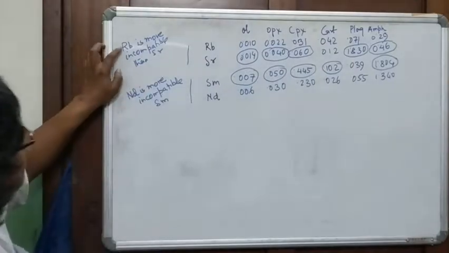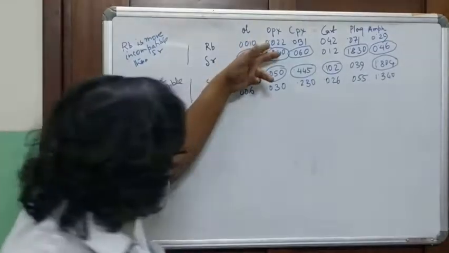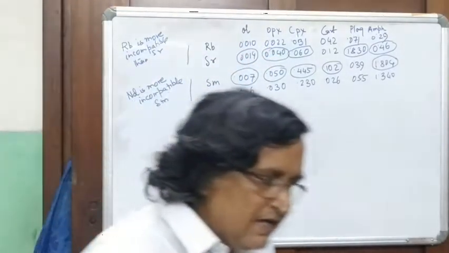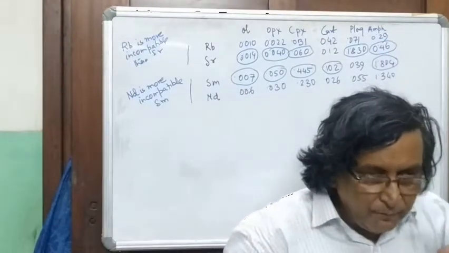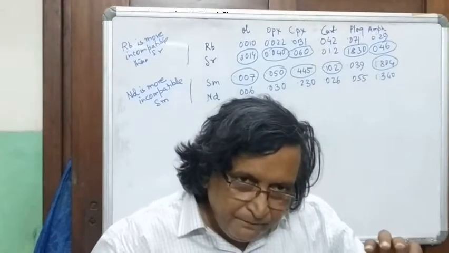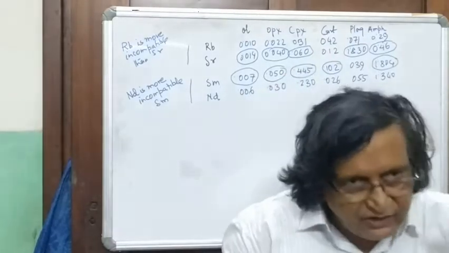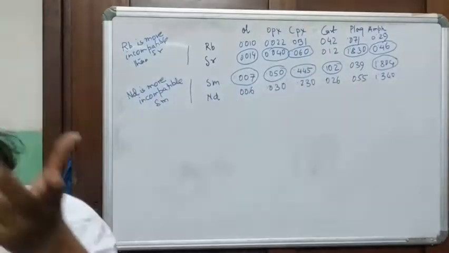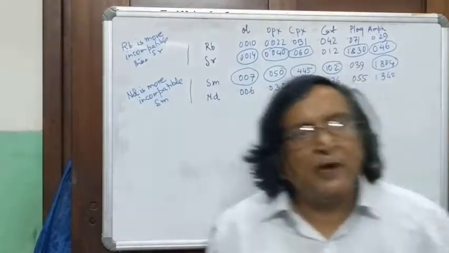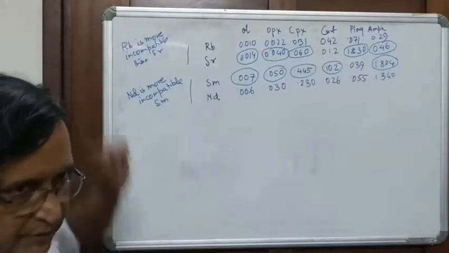Rubidium is more incompatible than strontium. Both are incompatible, but rubidium is more incompatible. So if you melt the mantle, rubidium will be partitioned into the melt more favorably than strontium. Both will be partitioned into the melt, but rubidium will be partitioned more into the melt relative to strontium.